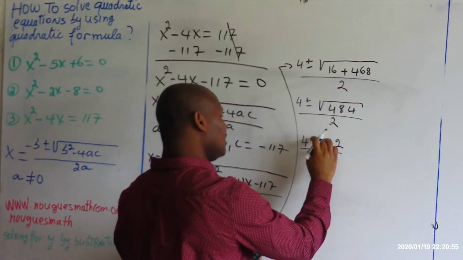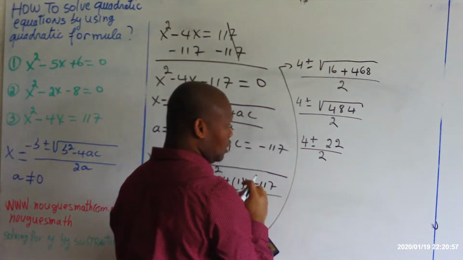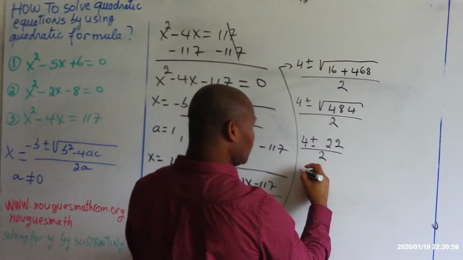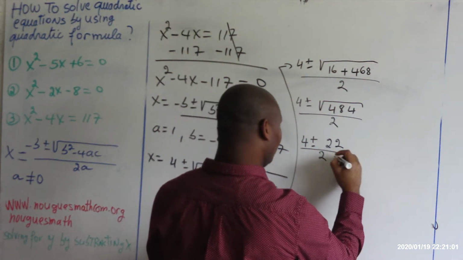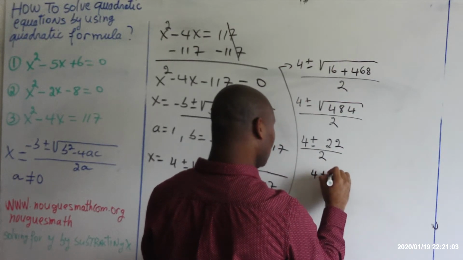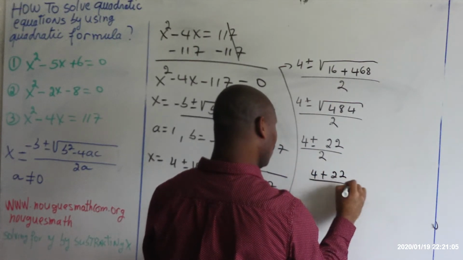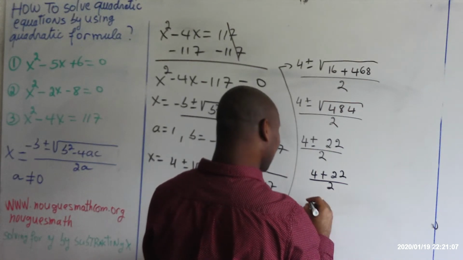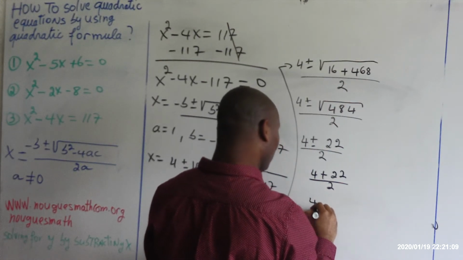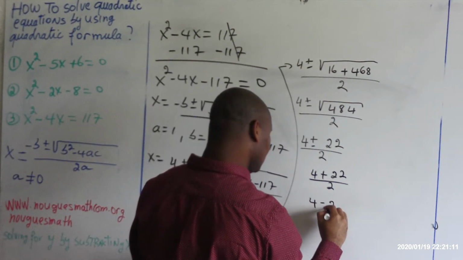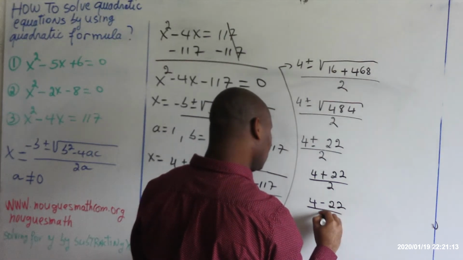We're going to convert this into answers. Okay? The first one's going to be 4 plus 22 over 2. The second one gonna be 4 minus 22 over 2.